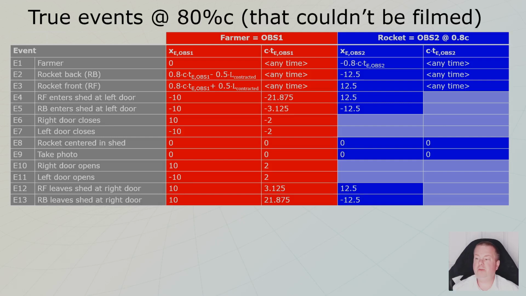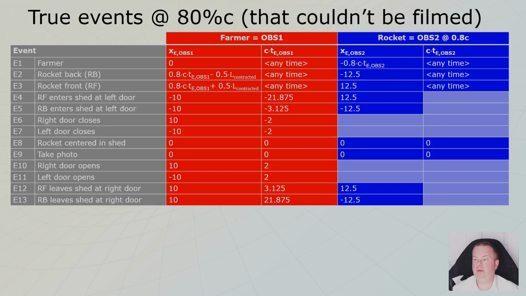The back of the rocket. Well, the back of the rocket is moving at 80% of the speed of light. So we have 0.8 times C times the time on the clock, the observer 1 clock. So the time of an event, in this case event number 2, from the perspective of observer 1, minus half of the contracted length because it has been contracted.